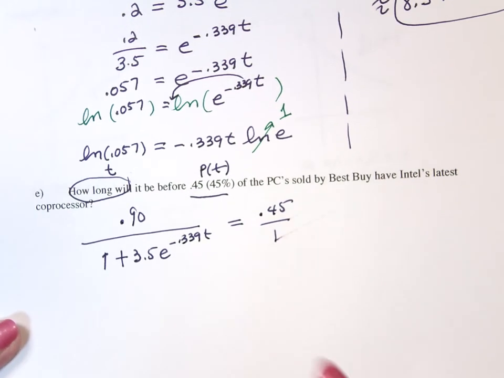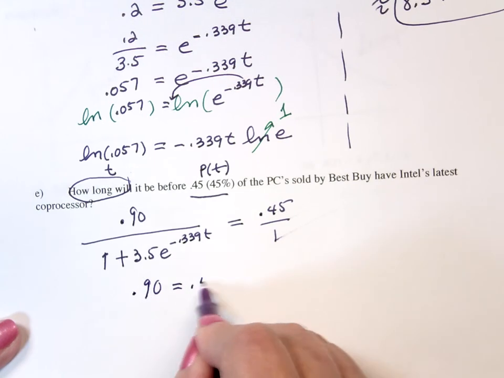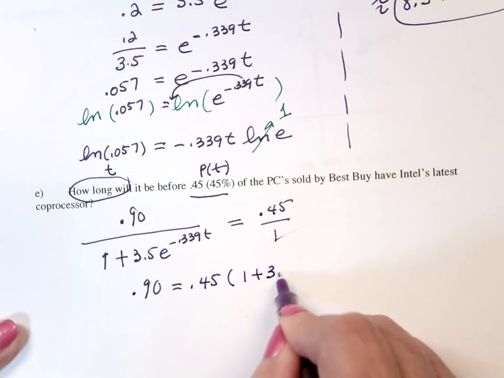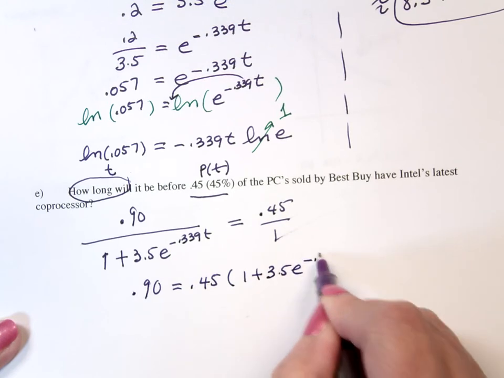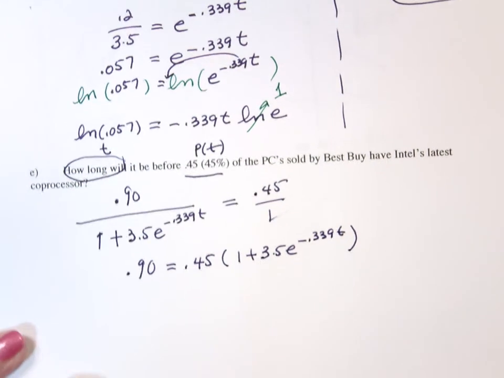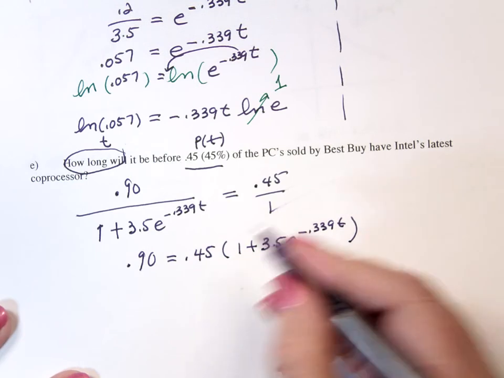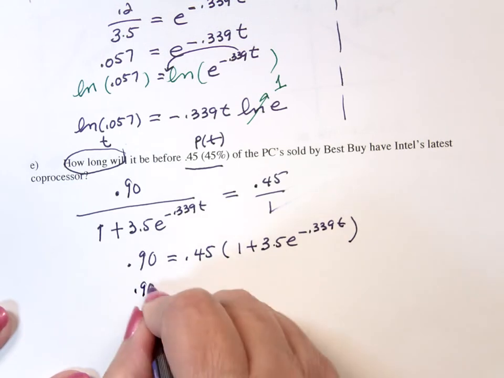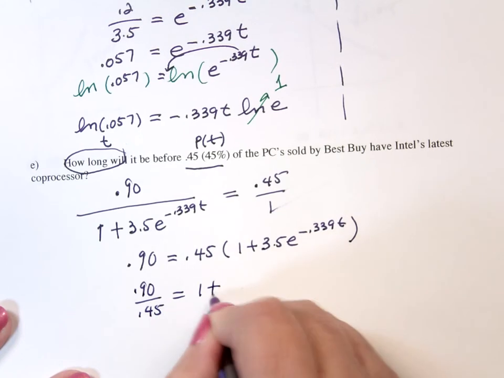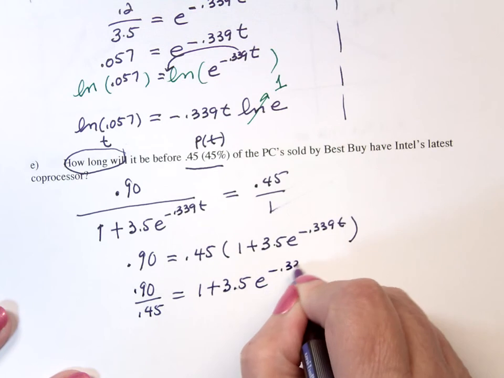Multiply to clear the fraction. 0.90 equals 0.45 times 1 plus 3.5e to the negative 0.339t. Divide by 0.45, so 0.90 over 0.45 equals 1 plus 3.5e to the negative 0.339t.